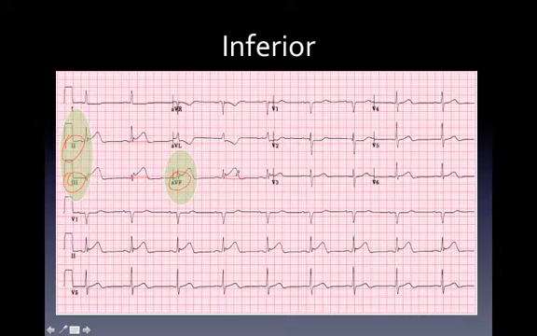And the next question is, does this person have a myocardial infarction? And the answer is yes. 1, AVL, or any of our V leads, this person has a reciprocal change in one of the reciprocal leads. So this person is having an inferior wall MI.